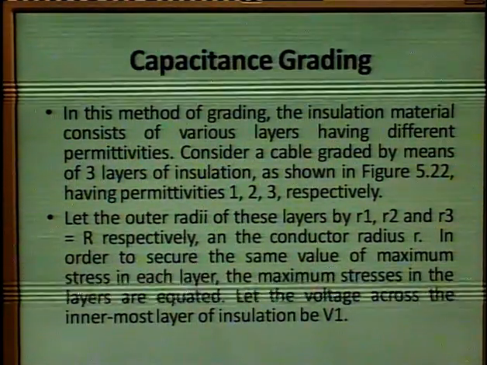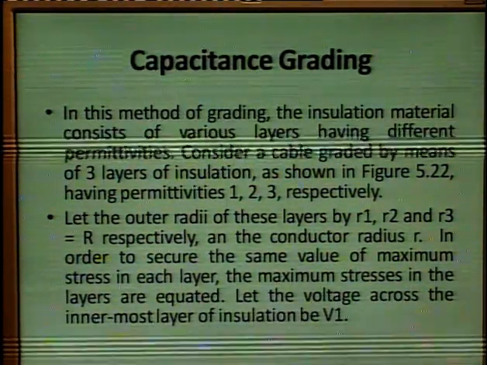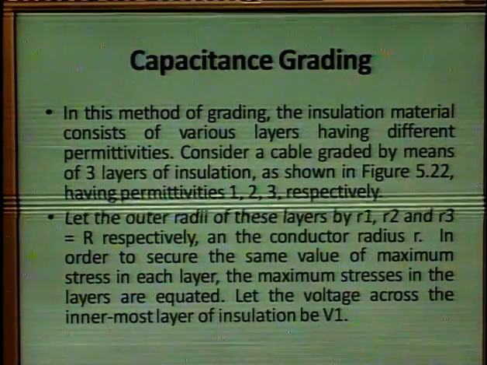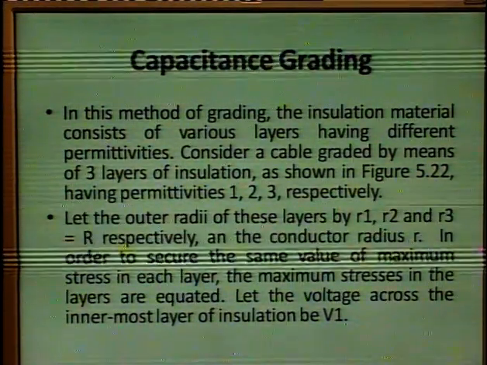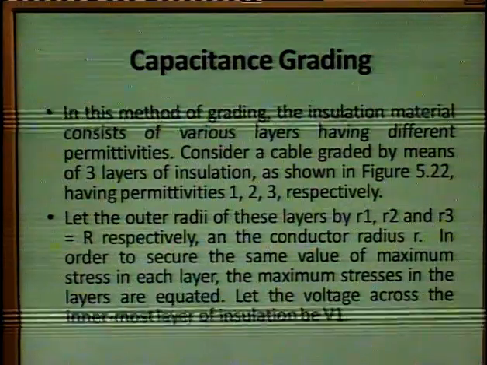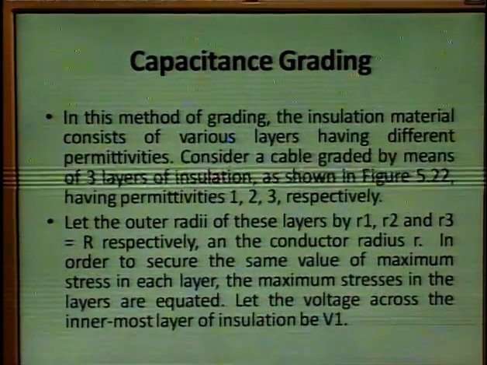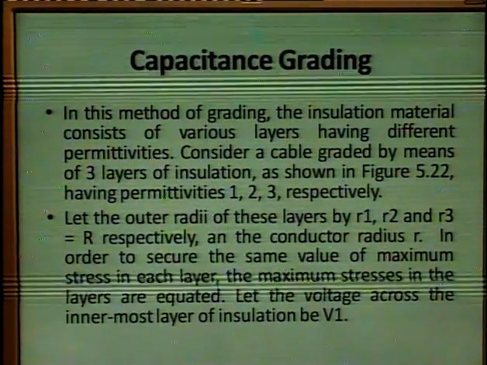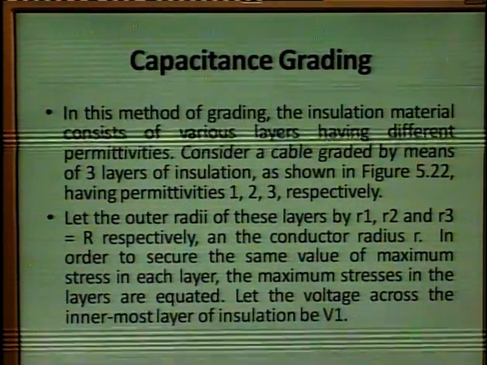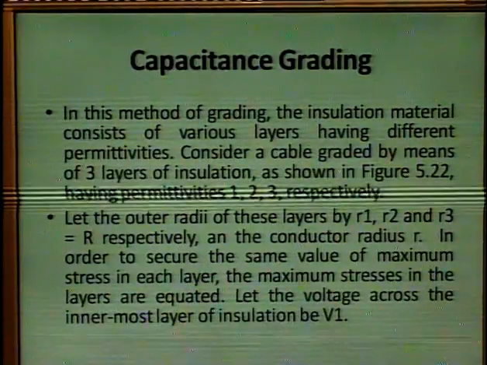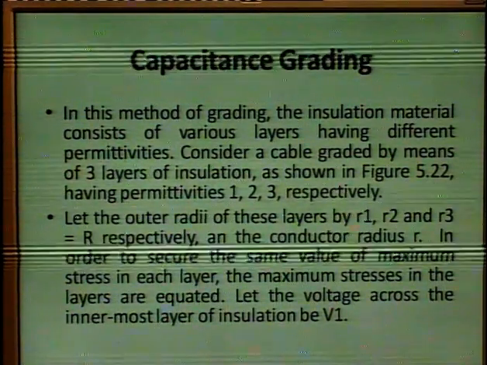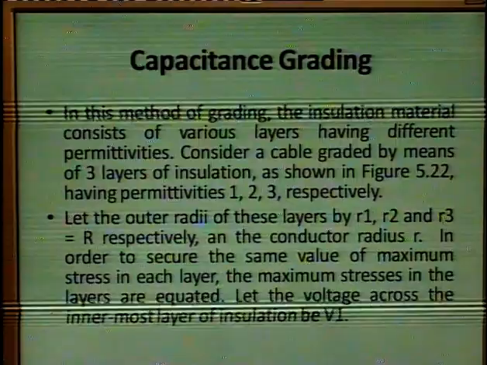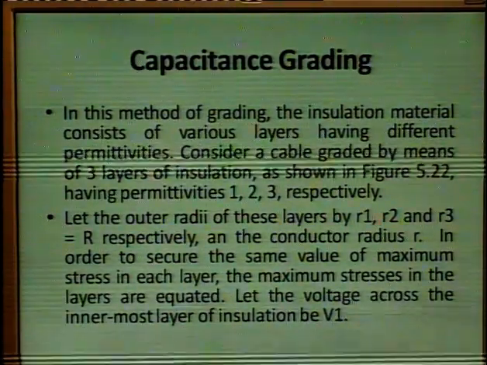So first is capacitance grading. In this method of grading, the insulation material which is used for the insulation of the cable should consist of various layers having different permittivities.